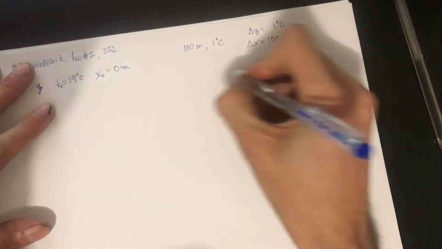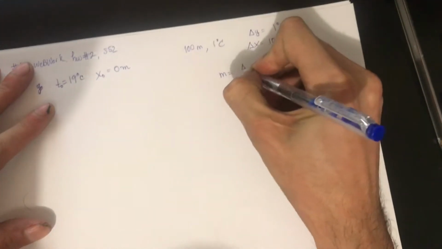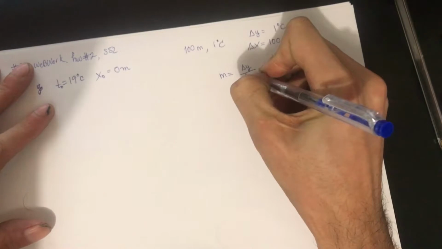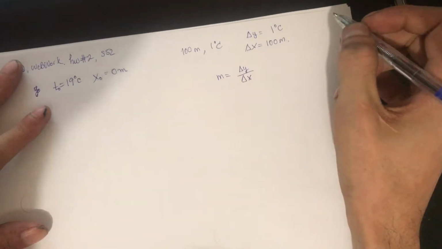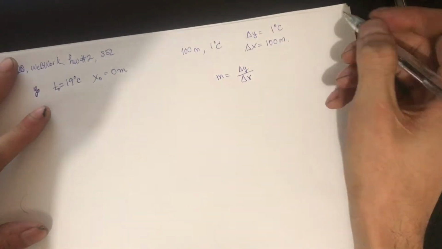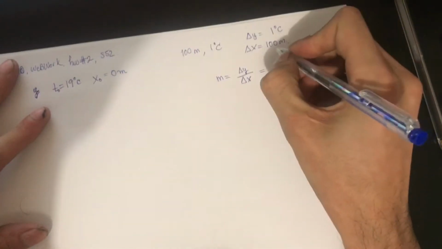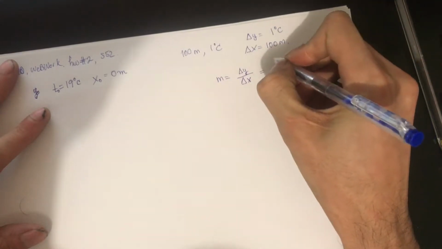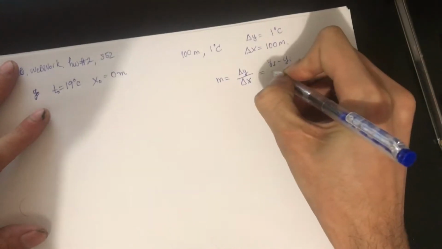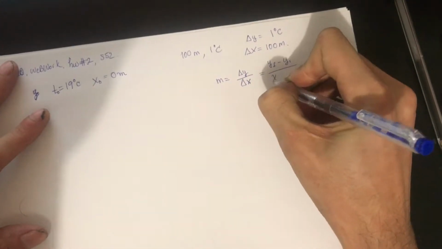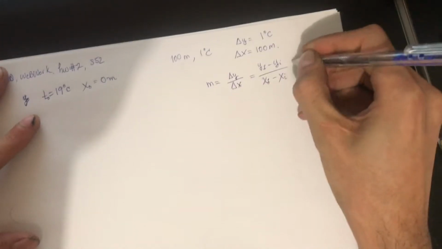So we can state that our slope, or our rate of change, is our change in Y over our change in X. This is the same formula you've been using in previous years for determining the point slope formula. And this is the same thing as saying your final Y minus your initial Y over your final X minus your initial X, right?